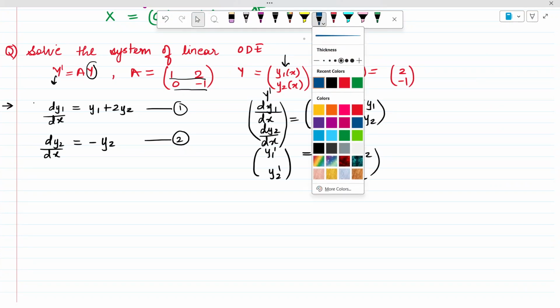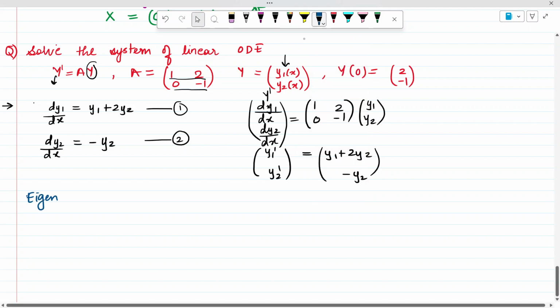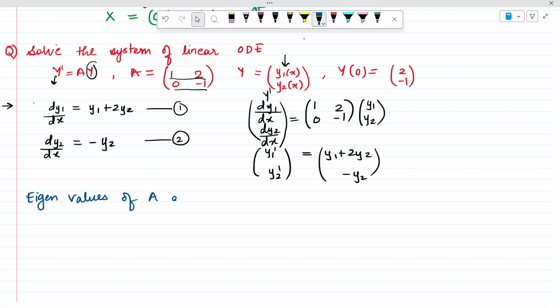So we'll start with the eigenvalues here. Eigenvalues of A are plus 1 and minus 1. So we got lambda 1 equal to plus 1 and lambda 2 equal to minus 1. We need to find the eigenvectors. Because these are distinct eigenvalues, there will be distinct eigenvectors and they'll be linearly independent, and then we'll write down the solution.